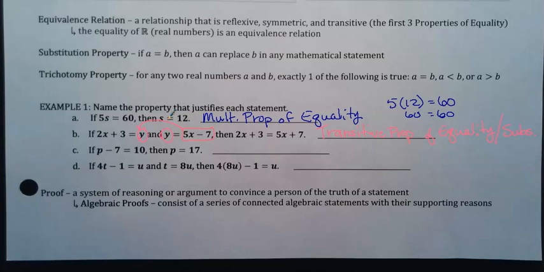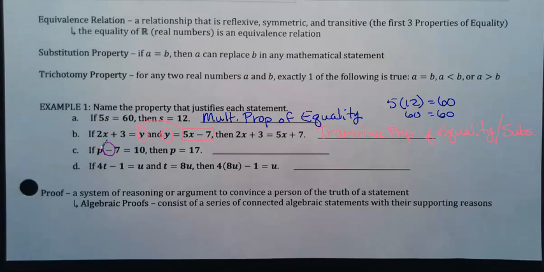All right, how about C? If p minus 7 equals 10, then p equals 17. Well, we're doing subtraction here, but if you notice up there, there was no subtraction equality, was there?